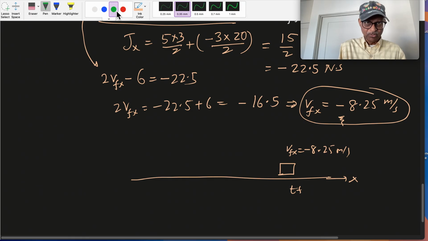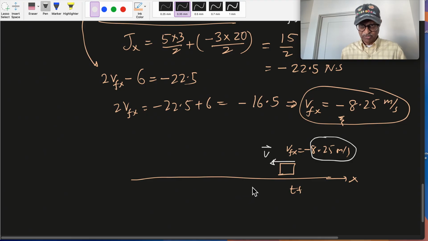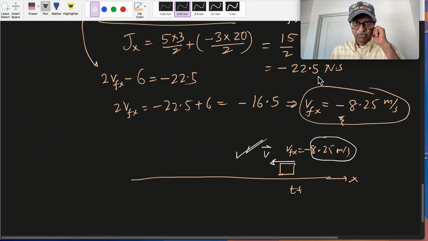So it tells you the velocity is pointed that way and has a magnitude of 8.25 meter per second. Okay, so that's the impulse and change in momentum working out. I think that's enough, and we are going to next talk about some basic ideas about collision.